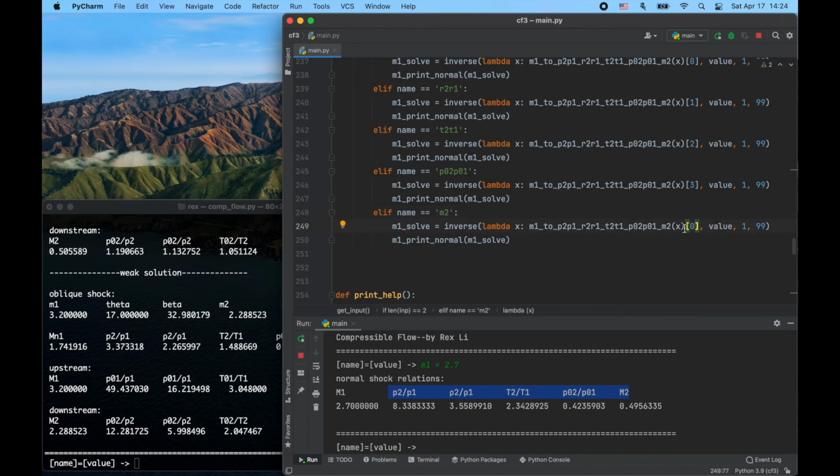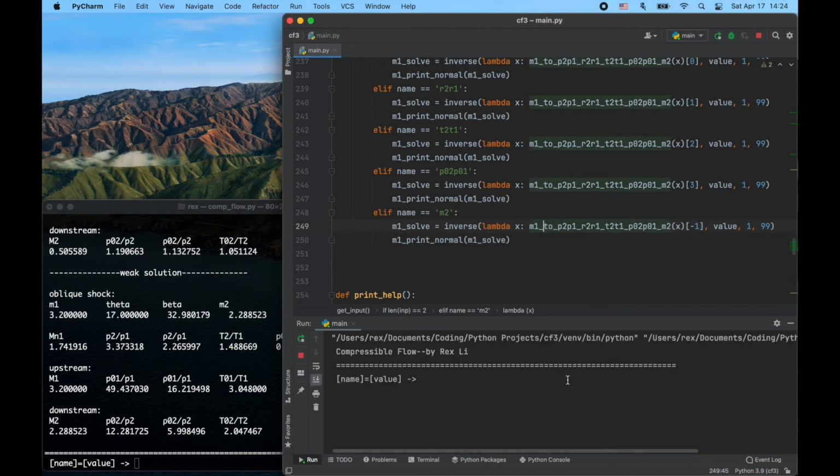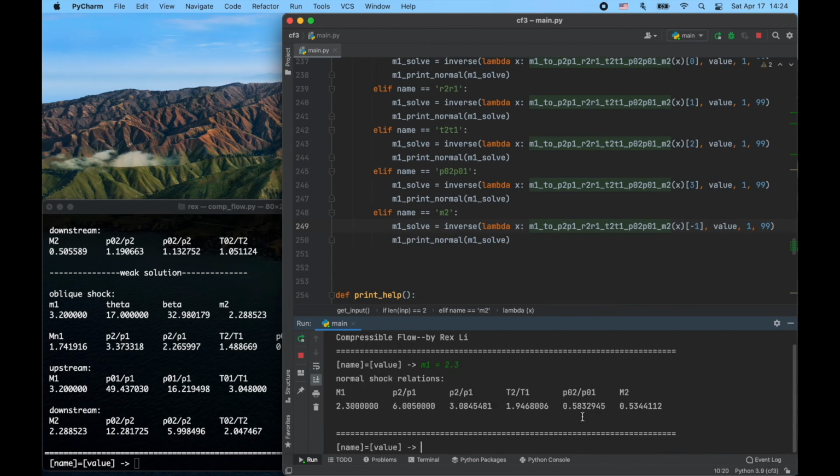So if M1 is 2.3, it will give us this number. And if M2 is this, yeah, it gives us back the same thing because they are the same case. So what if M2 is 0.7?